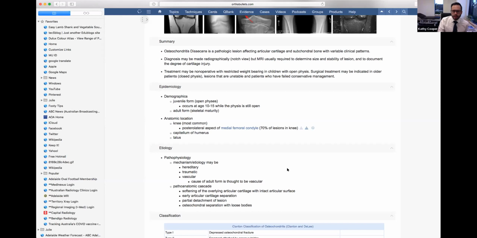So minor trauma in that region can create an area of avascular bone. And that's where the trauma history comes in. And there's also theories behind repetitive mechanical stimulus, such as high intensity training in the young athlete.